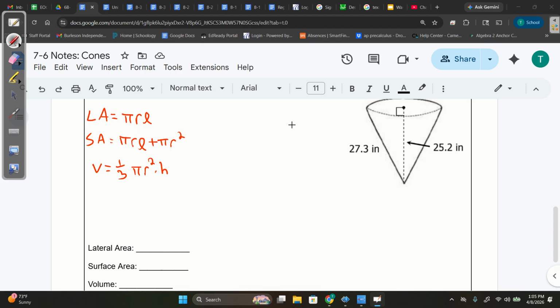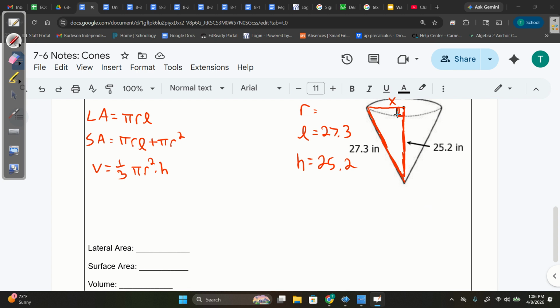So just like last time, I need radius, slant height, and height. Radius is actually missing right now, so we're going to label that X and come back to it in just a minute. The slant height is 27.3, and the total height is 25.2.